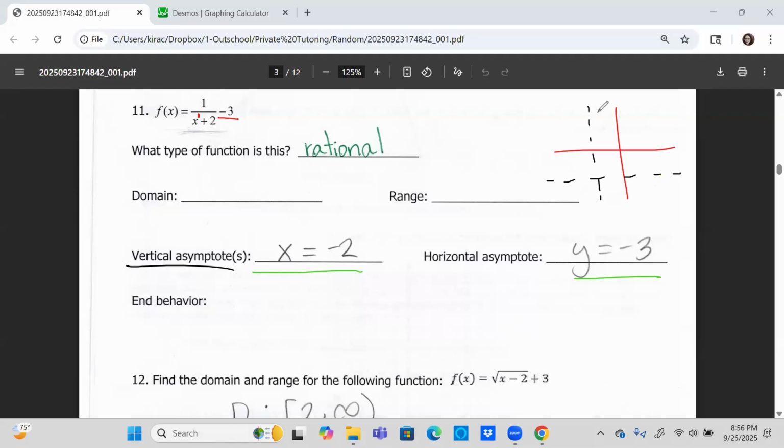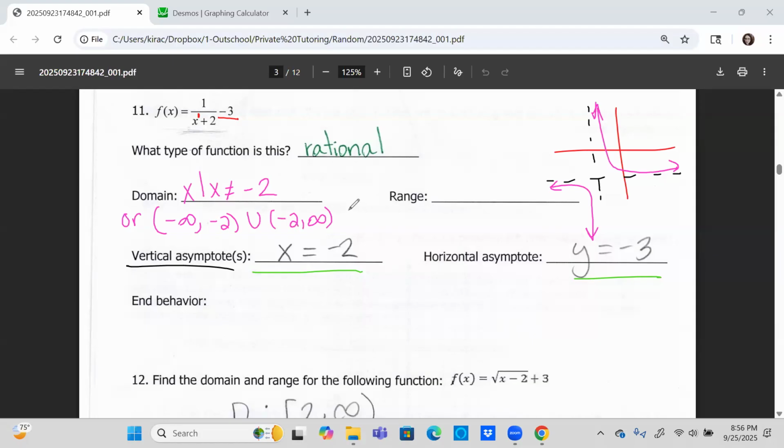And then we would still have our kind of weird shapes. So the domain can be any x in the whole world except for that vertical asymptote. We just can't do -2. So it's x such that x cannot be -2. Or if you need to write it in interval notation, you can do negative infinity until you get to -2, and you can do -2 to infinity.